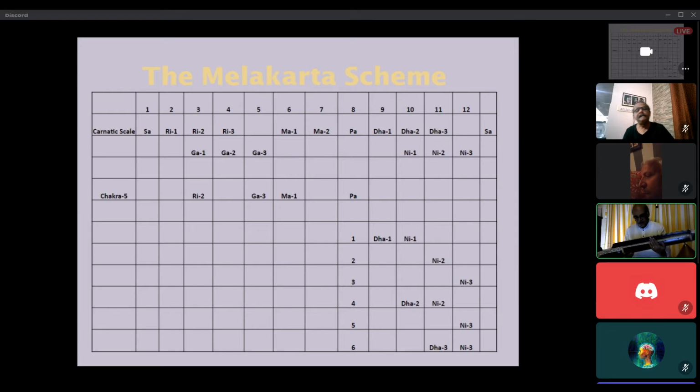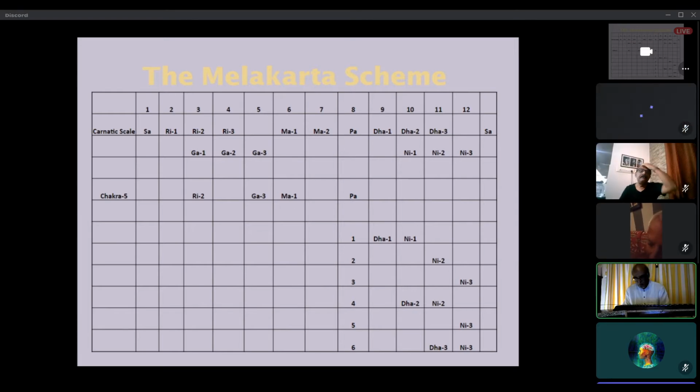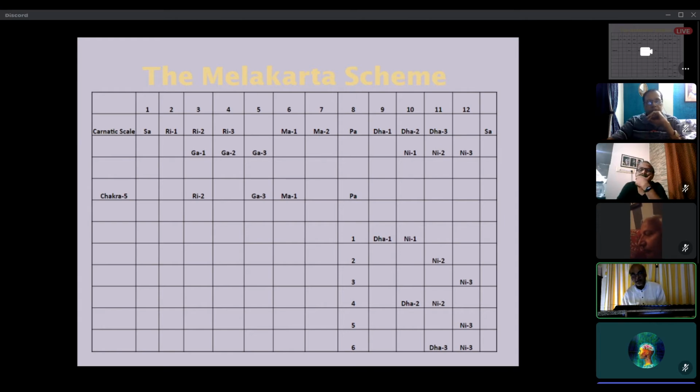So you see, just using one Ma and keeping the Pa constant and the Sa constant, we have got six, and we have got another. There are six variations for each of those six, which means we have a total of 36.